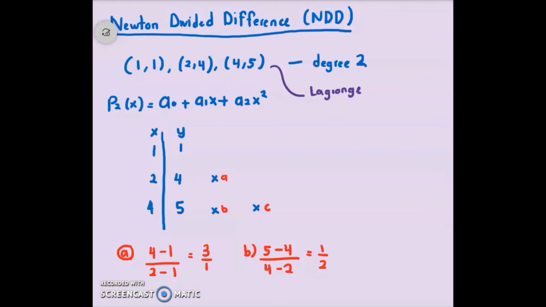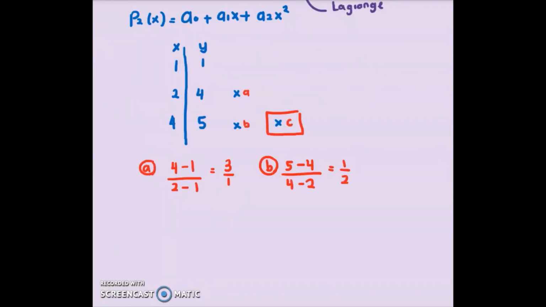Now the C here. Okay, so we gotta be careful with the diagonal, the last. Okay, so write down the values that we have obtained. So now we have half. This is 3 from here. Okay, to find C, so half minus 3 divided by, now look at here, 4 minus, you gotta skip one value, so it will be 1 minus 1.